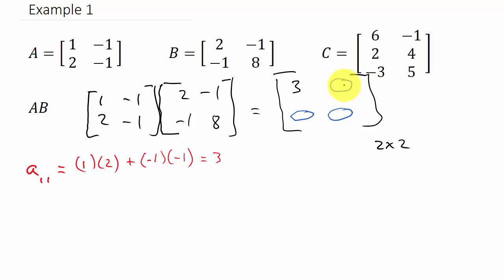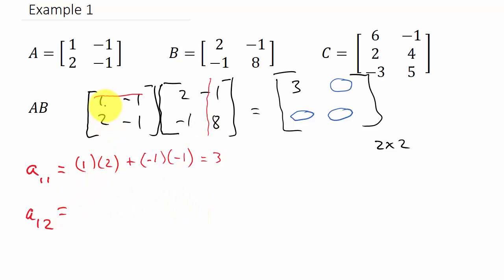Now we need this entry. This is in the first row, second column. So I'm going to multiply the first row, this row here, times the second column.